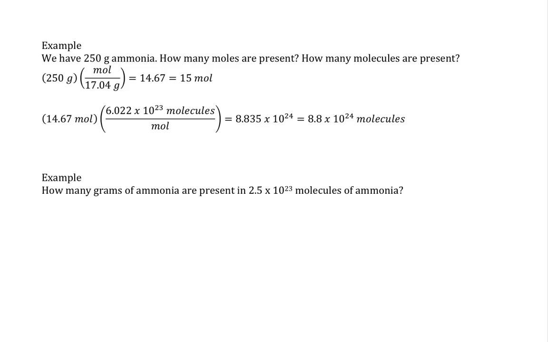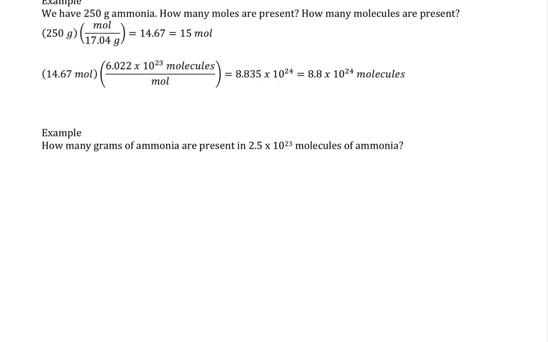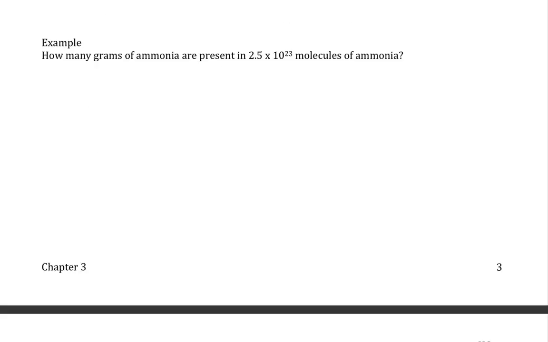So 14.67 moles times 6.022 times 10 to the 23rd molecules per mole gives us 8.835 times 10 to the 24, which we round to two figures because now we're reporting the answer, 8.8 times 10 to the 24 molecules. Here's an example to come back to. How many grams of ammonia are present in 2.5 times 10 to the 23rd molecules of ammonia?